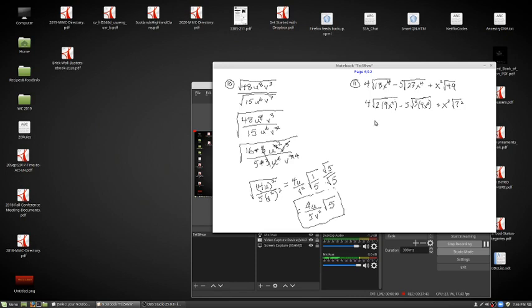Okay. So, what we're going to end up with in the first term here, this becomes 2 times 3x squared, minus 5 times the square root of 3 times 3x squared, plus 7x squared.